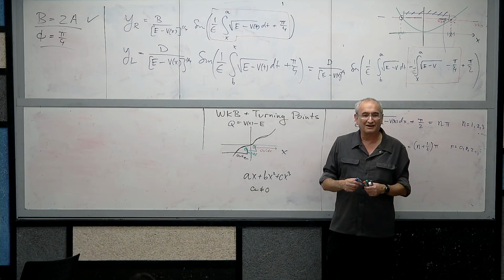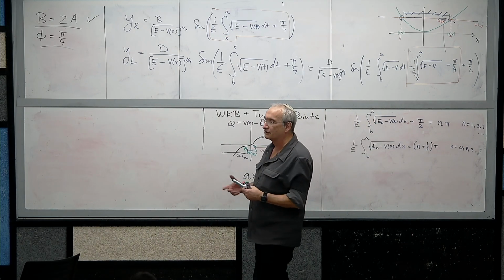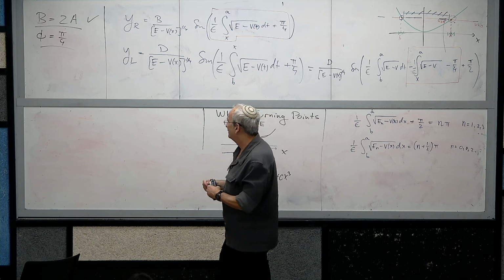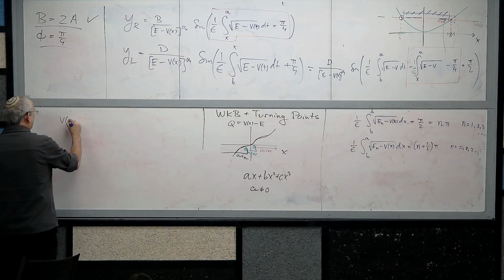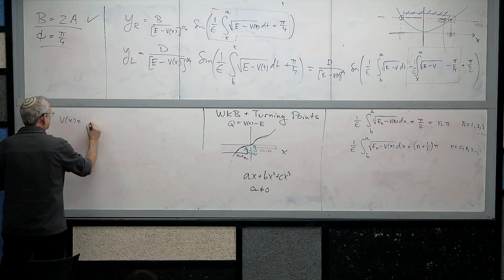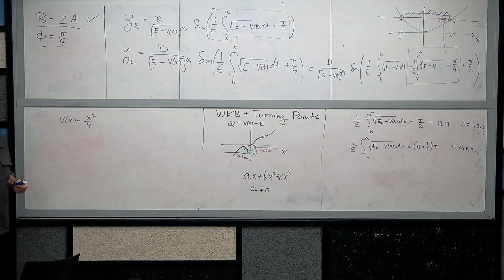Okay, so what's the eigenenergy? Let's look at the harmonic oscillator. So in the harmonic oscillator, we have V of x is x squared over 4. The 4 is because when we calculated the perturbation theory, we also used 4. You can have whatever you like.